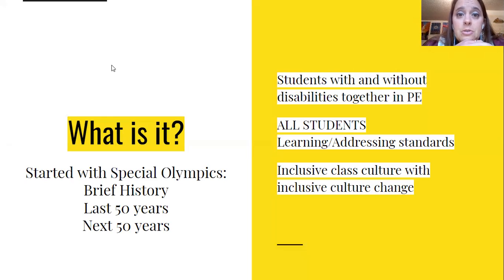They did not want to institutionalize her sister. Little known fact, Rosemary Kennedy, JFK and Eunice Kennedy's sister, would have been institutionalized because she had an intellectual disability. But they started creating opportunities like Special Olympics. And the last 50 years has been about creating opportunities for people with intellectual disabilities to participate in sports.